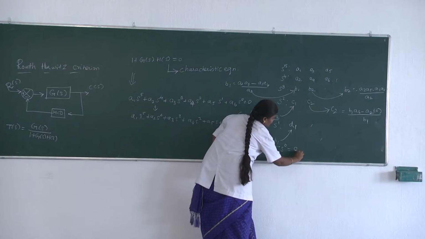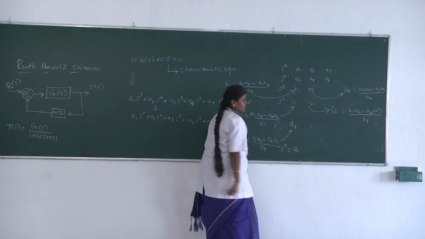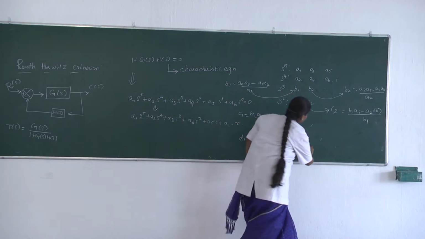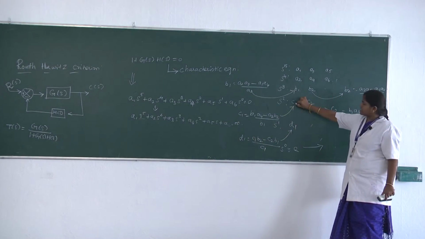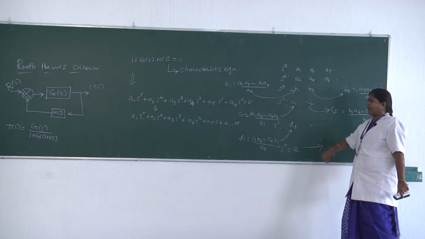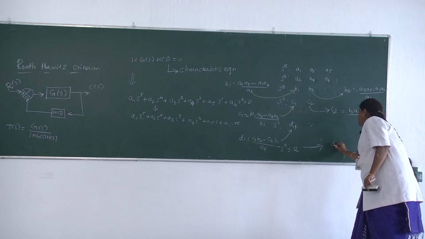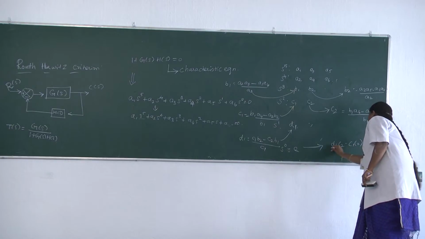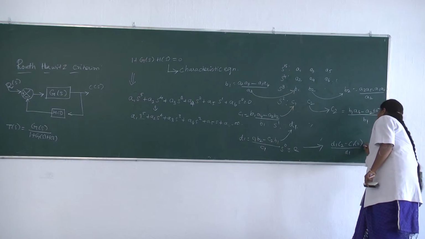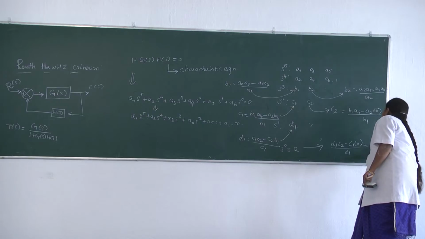Let me consider the element of s power 0 as e, and this element e is given by the equation d1 into c2 minus c1 into 0, divided by d1, which implies that this element is c2.